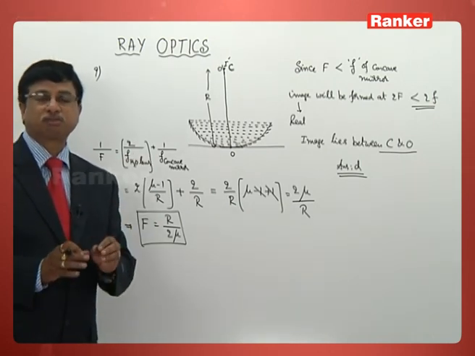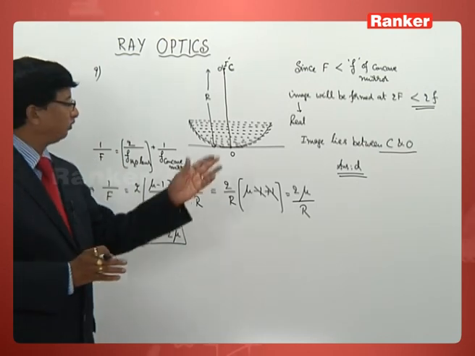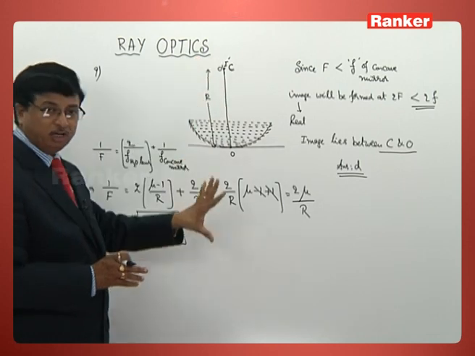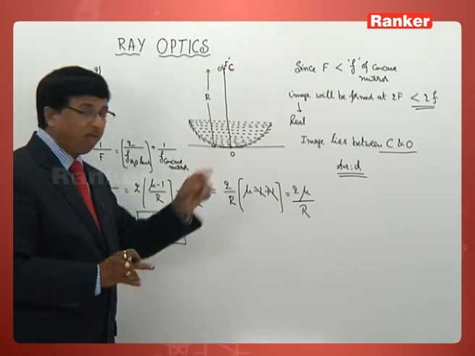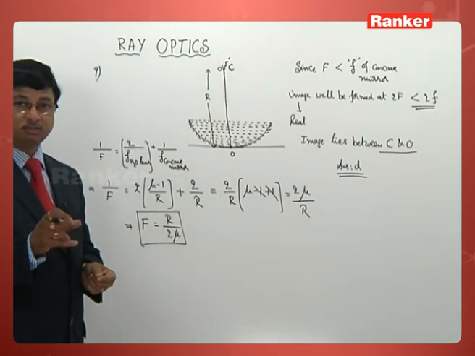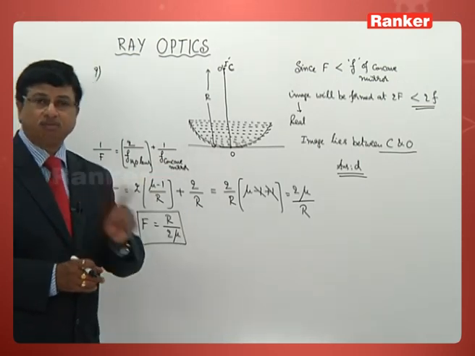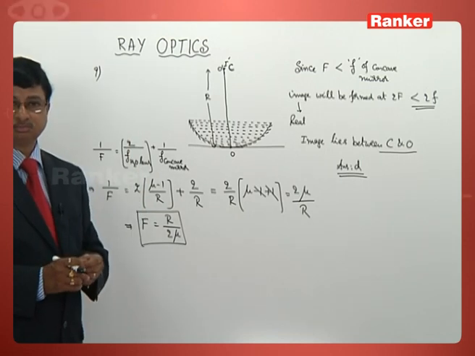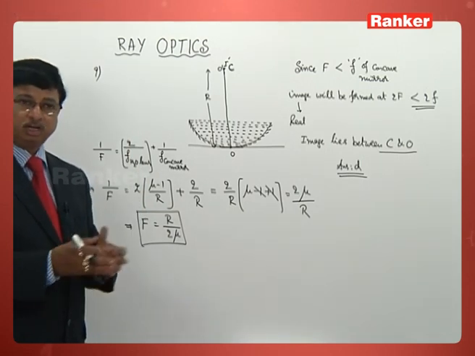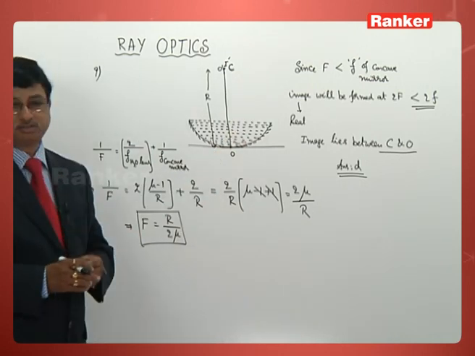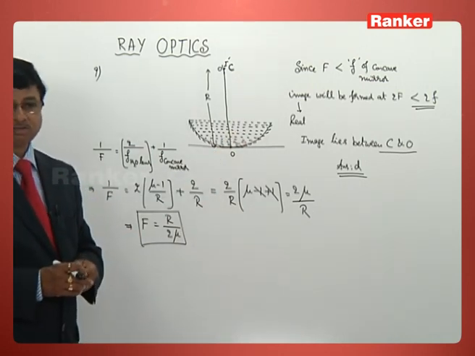So, our answer must be the fourth option, which gives you that the image will definitely be formed between O and C only, and that image is supposed to be real, because a convex lens in this particular case, when the object is at a distance 2f, will never form a virtual image. So, we can definitely understand that concept. It should be a real image and the correct answer is D for us in this problem number 9.